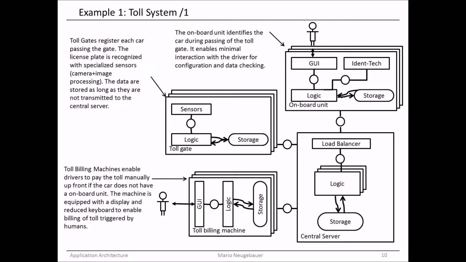When the license plate is detected and the license plate is a registered license plate for the overall toll gate application, then the number is transferred to the central server, and in the central server the load is balanced to an appropriate logic, and the logic then for example deducts a certain amount of money from your bank account.